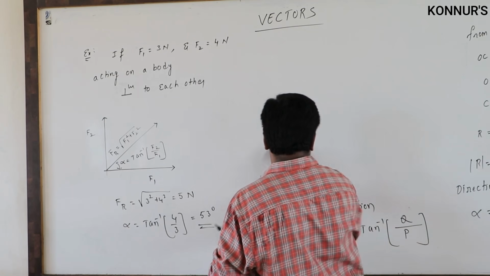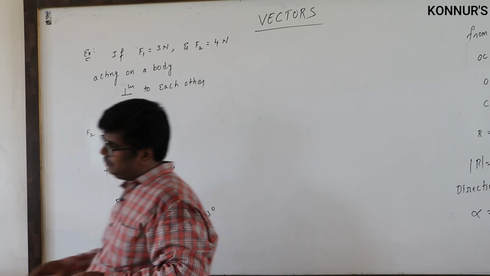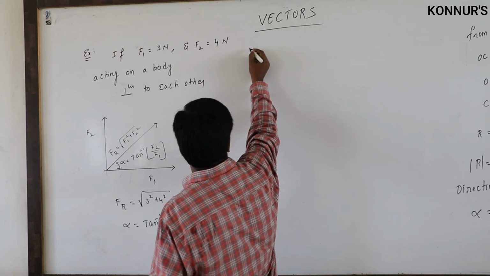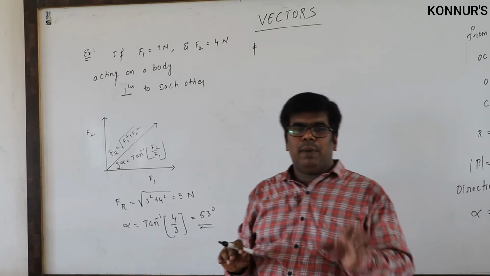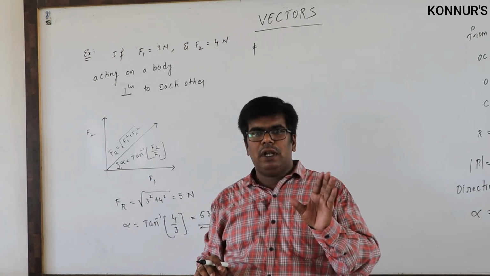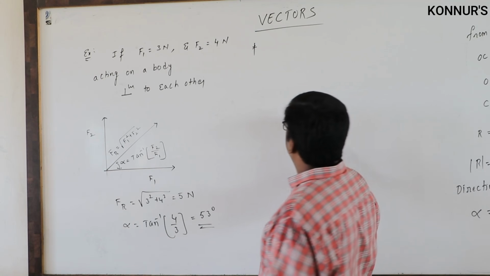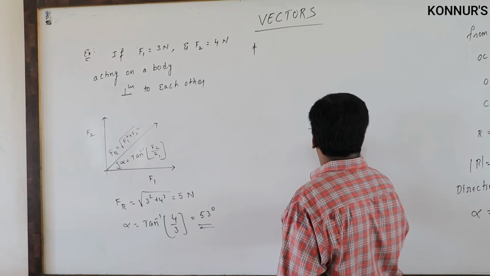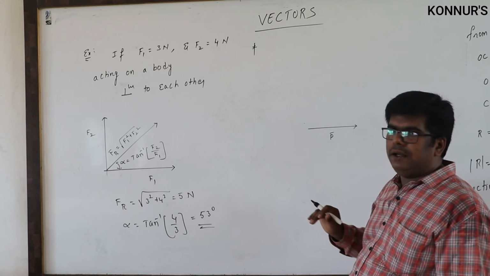We can discuss examples on that case. See, if the resultant is perpendicular to the vector of smaller magnitude, let us suppose I am taking here the p bar vector. I am assuming that the p bar vector is of smaller magnitude.